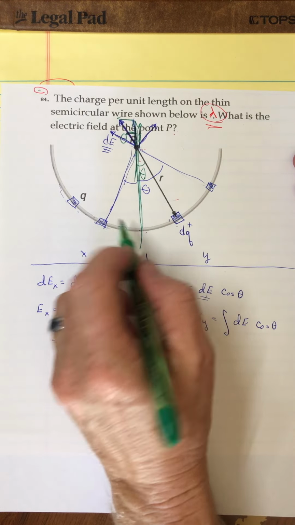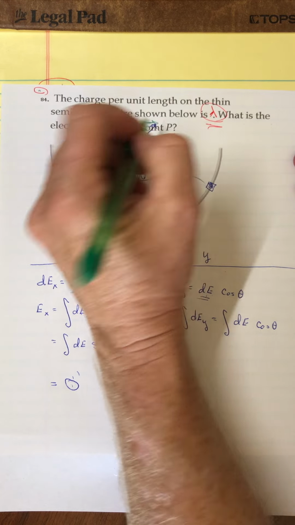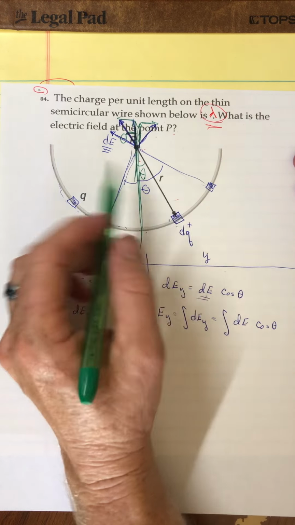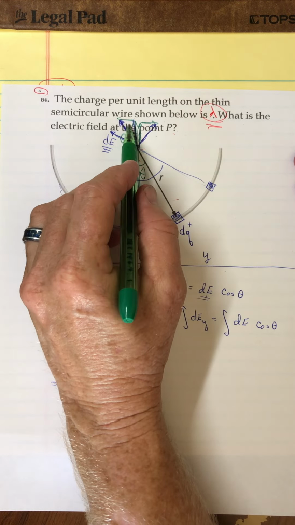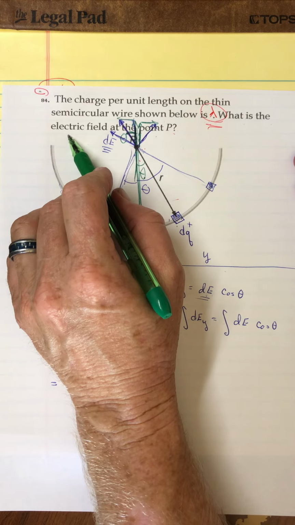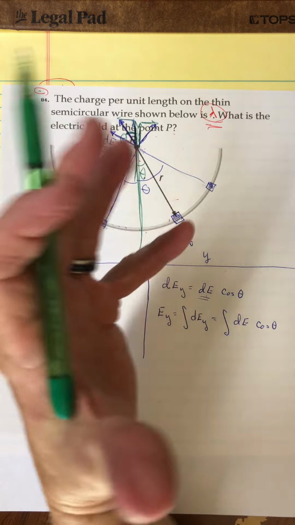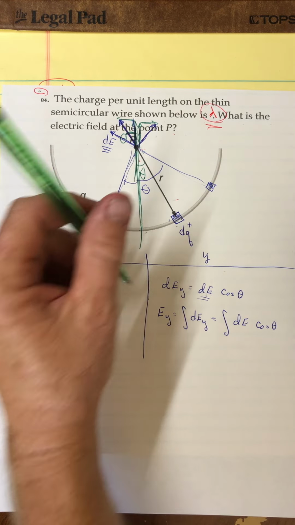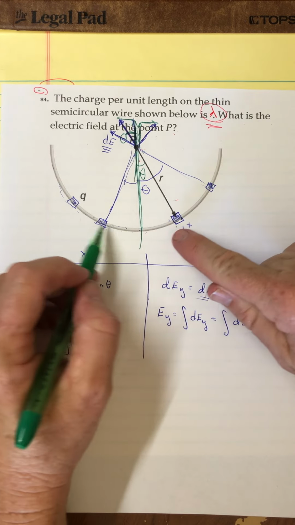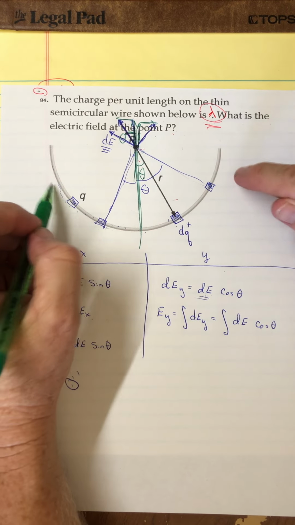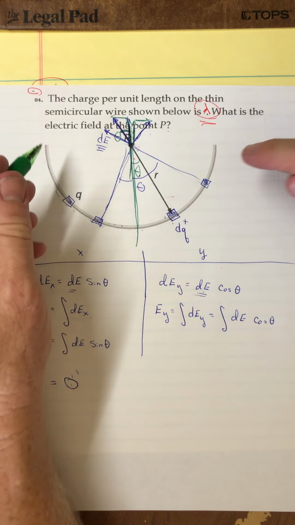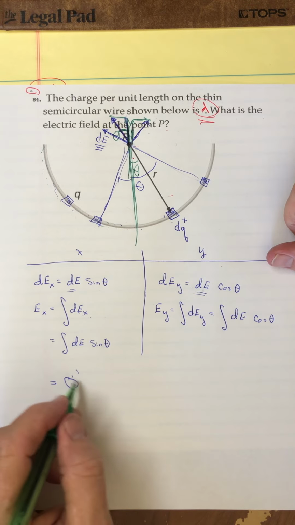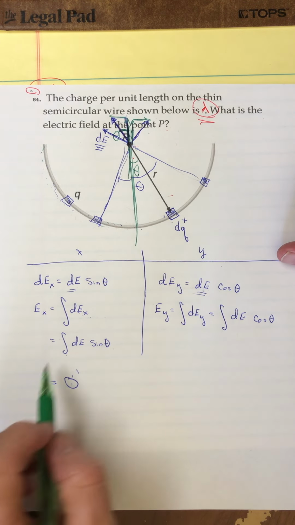So both of these have the same value of the vertical field. And it has an x component, but this one now has an x component to the right, or the positive direction, whereas this one had an electric field to the left. And then notice the x components are equal in magnitude in opposite directions, so they would actually cancel off. So as long as we have a symmetric twin, if we add them all together, we're just going to get zeros and zeros and zeros as we go all the way around. And so that's why I would say you add an infinite number of zeros, you still get 0.